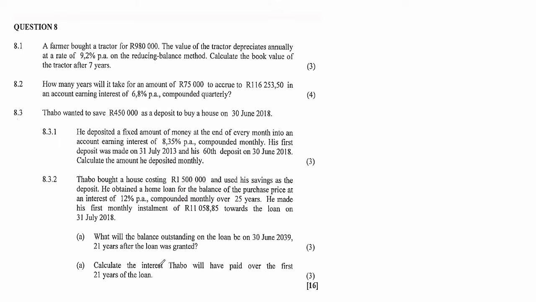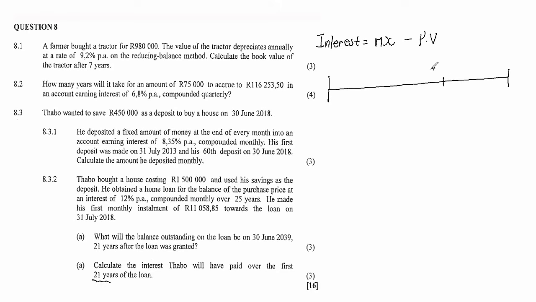For B, it says calculate the interest Thabo will have paid over the first 21 years of the loan. Now, you will remember that we said interest is equal to n times x minus the present value, and we need to find the present value here. Now, to find the present value, remember I said this is what you need to consider.